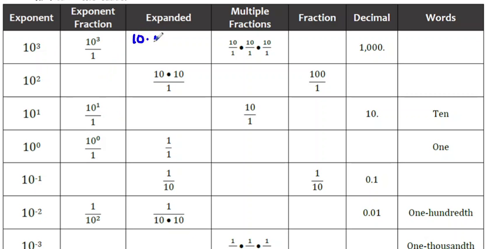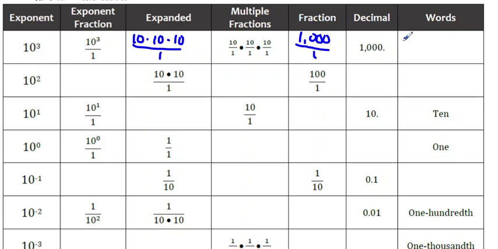So we have 10 times 10 times 10 over 1. Multiple fractions means 10 over 1 times 10 over 1 times 10 over 1, which means 10 times 10 times 10 is 1,000 over 1. Written as a regular number or a decimal number, it's just 1,000.